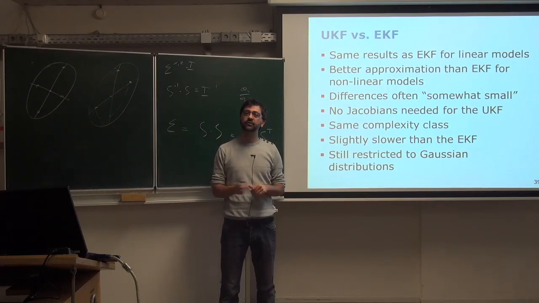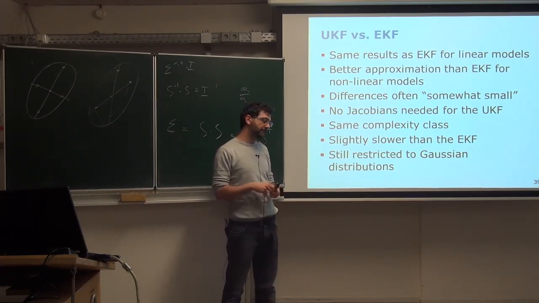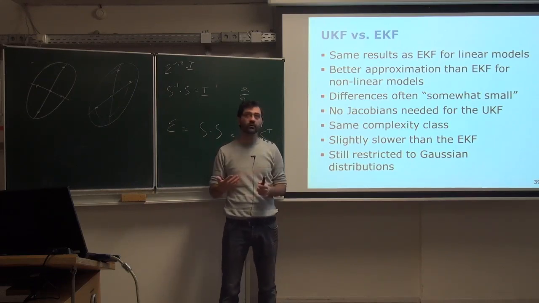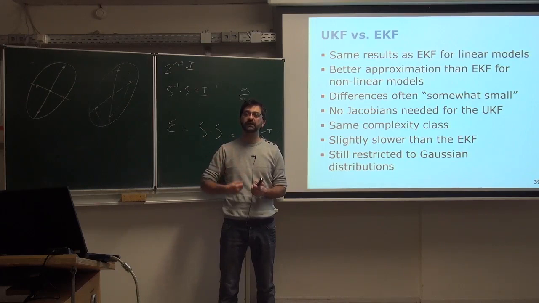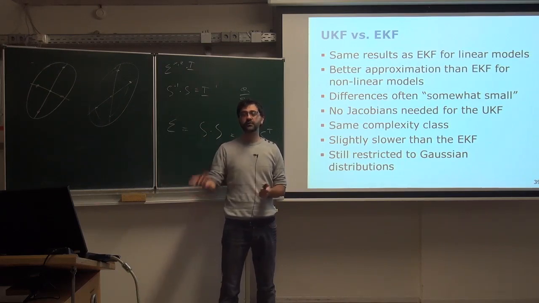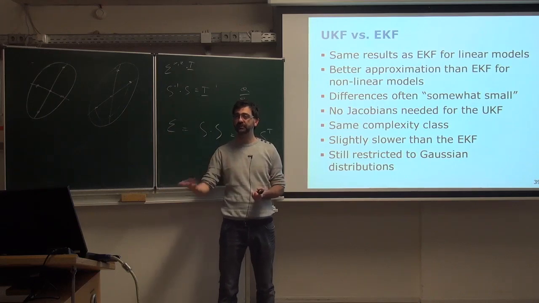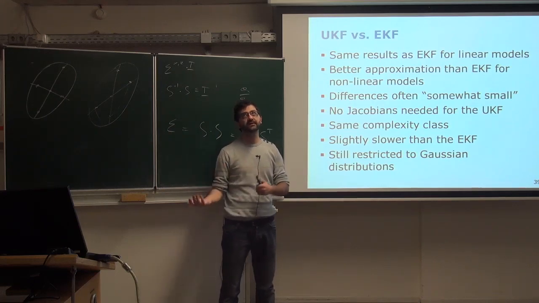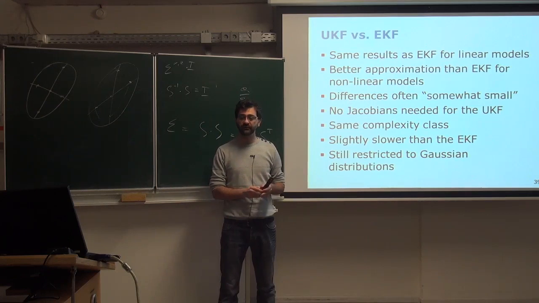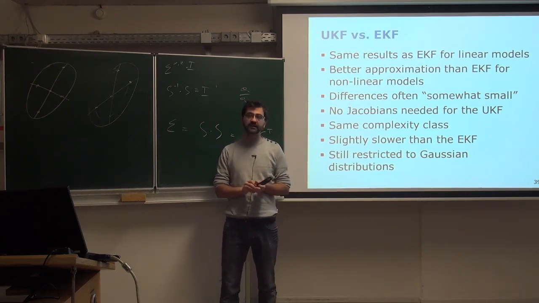Another plus is that you don't need to compute Jacobians. So in case your measurement function or your motion model cannot be written in an analytic way, so you cannot analytically derive Jacobians, you can still use the UKF for propagating mean and uncertainty, which is not the case if you use the extended Kalman filter.